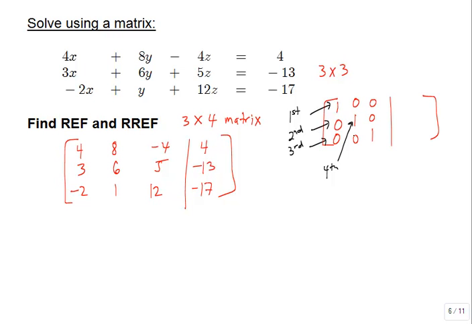Once you get that to be a 1, then you will be able to get the 0 below it. So this column will be done. And then finally you'll always be able to get that last number to be a 1 last. And these are the steps that you would take for row echelon form. Not for reduced row echelon form, but just for row echelon form. And I'll show you how to do the reduced one in just a little bit.